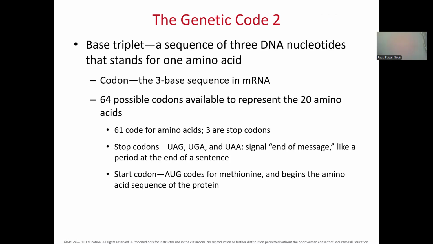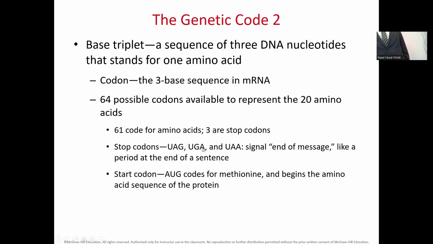Remember we said in the central dogma of biology, we transcribe DNA in order to get mRNA. Then you have 20 amino acids, 61 codons that code for amino acids, and 3 stop codons. You need to know them.